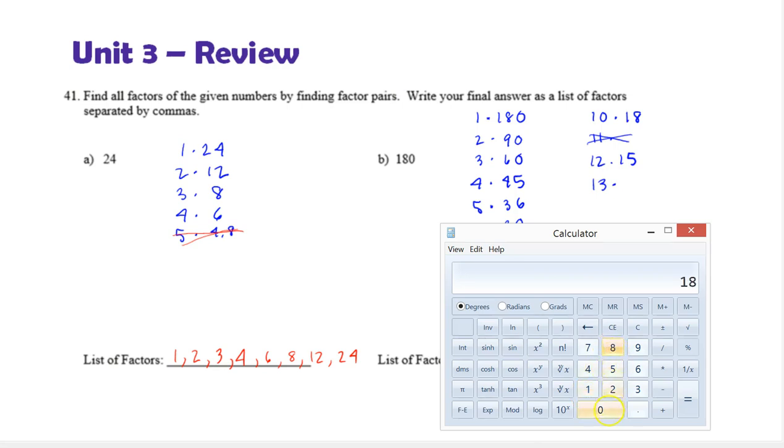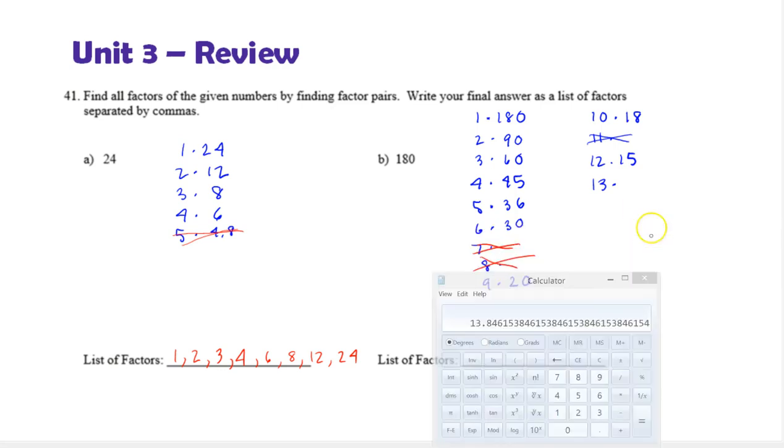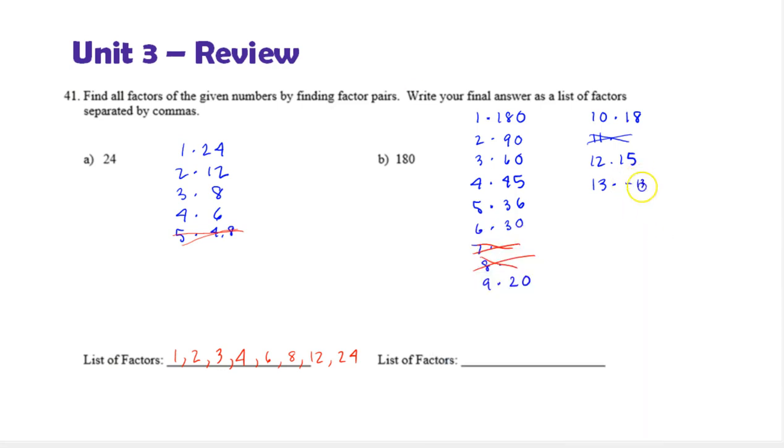180 divided by 13 is about 13.84. That's an approximation. Okay, so this is not a factor. And I actually know the next one, since these are both around 13, 14 is going to be smaller than the other factor.